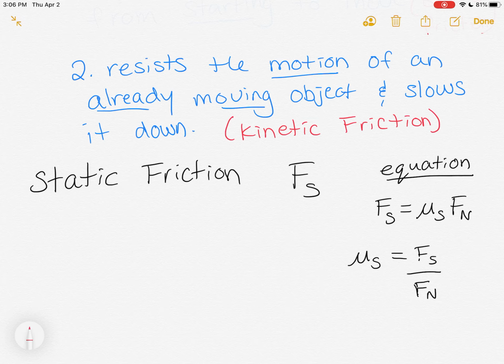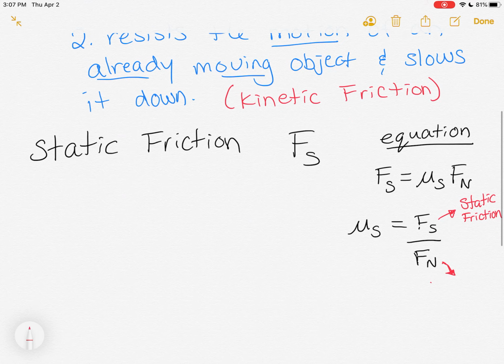Obviously Fs is our static friction, and that's usually what we are trying to find. Our Fn, we know from learning about different types of forces, is our normal force.